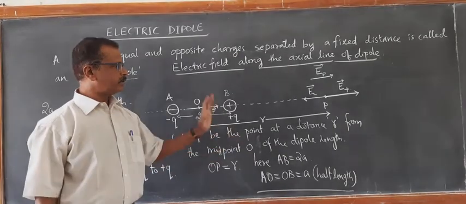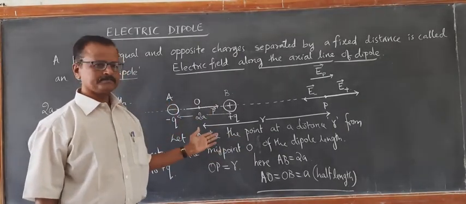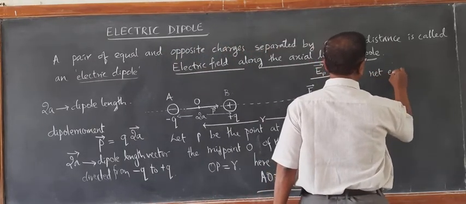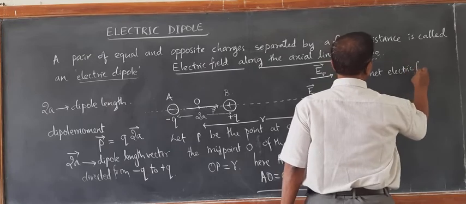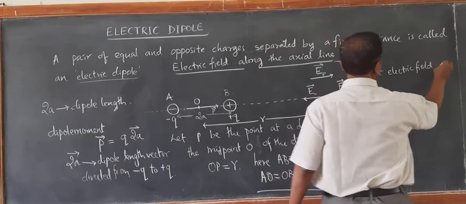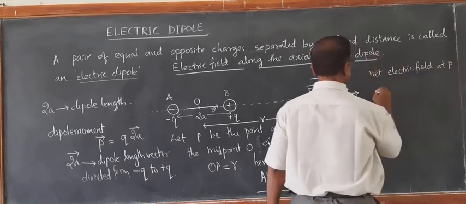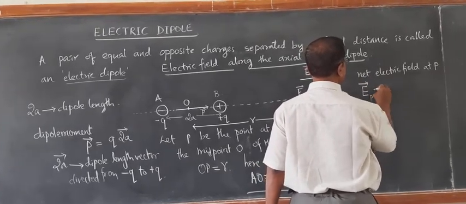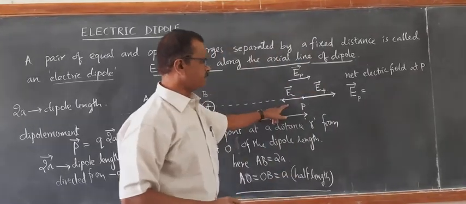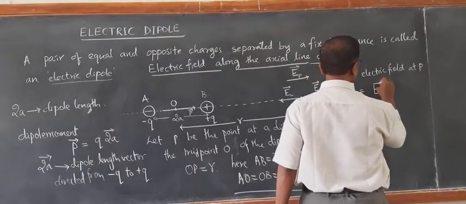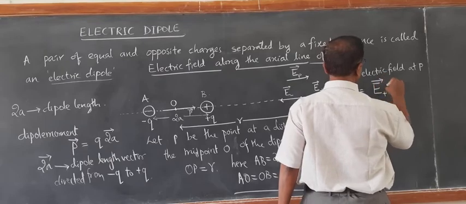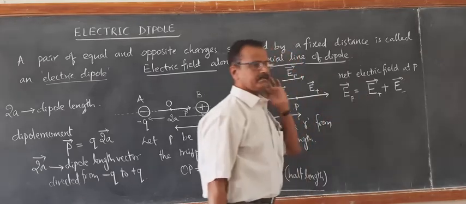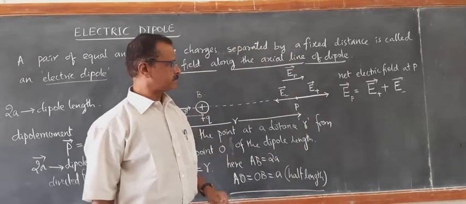So now we will calculate the net electric field. The net electric field at P, I will write as E vector at P, is equal to, from the diagram it is quite clear, E plus vector plus E minus vector.